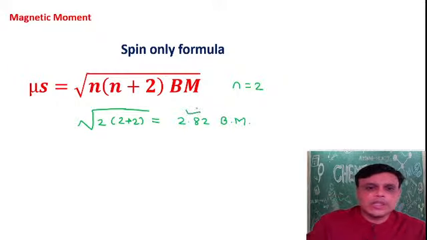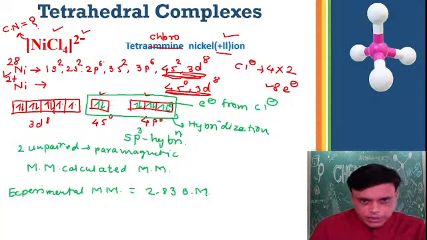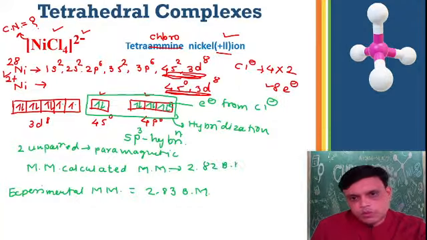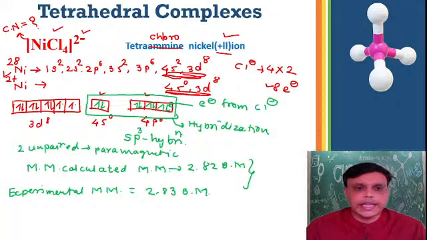And if you see, the experimental magnetic moment is 2.83. Calculated magnetic moment is how much? We have calculated it, it is 2.82 bm. So these two values are nearly same, 2.82 and 2.83.